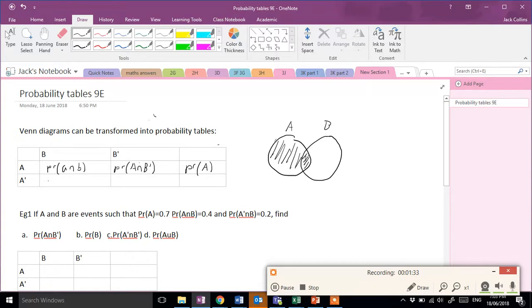So down here, in a similar way, you've got probability of B and not A, and the probability of not A and not B. So we'll put a box around here.